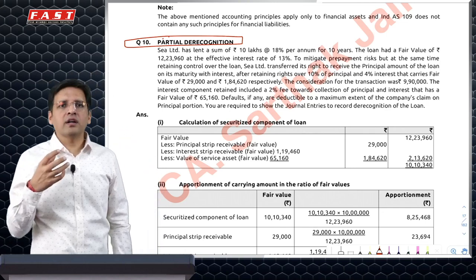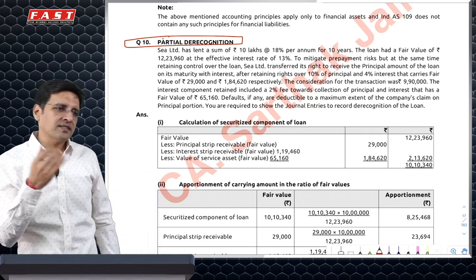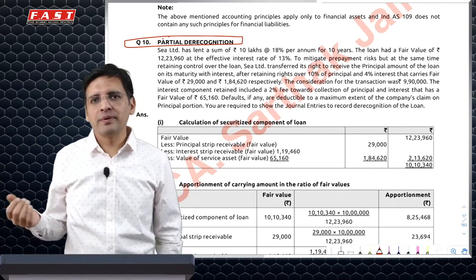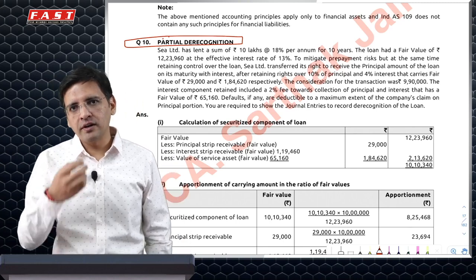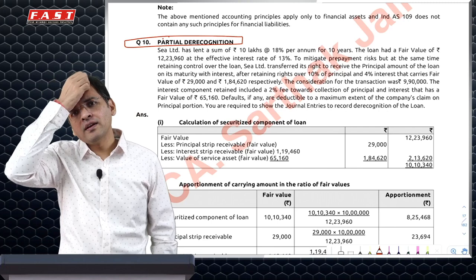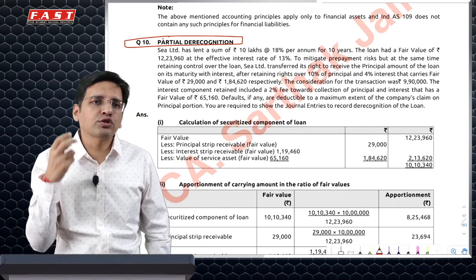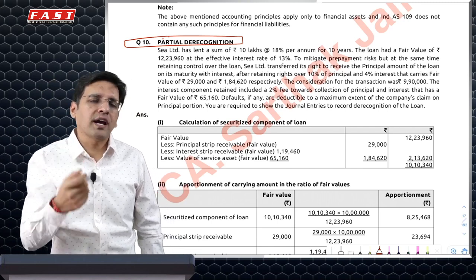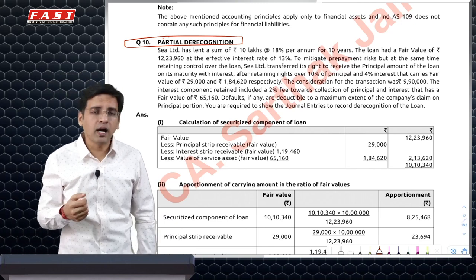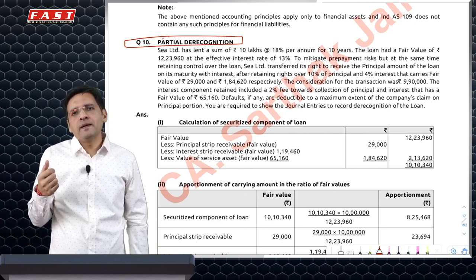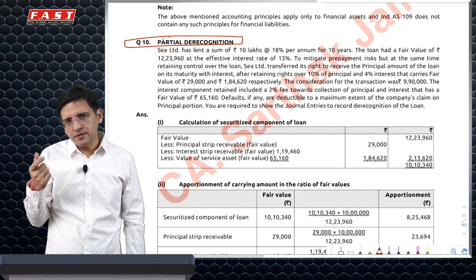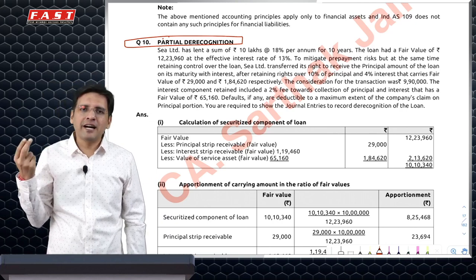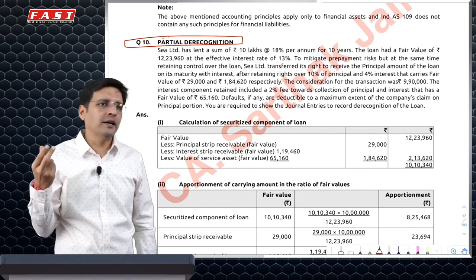Whatever money I've got, should I recognize that as cash bank debit to asset? No, because there could be a gain or loss element in it. How do I calculate that? So I need to first calculate the cost of the component which I have sold, or the carrying amount of it. Here partial derecognition applies because I have sold a specifically identified stream of cash flows completely.